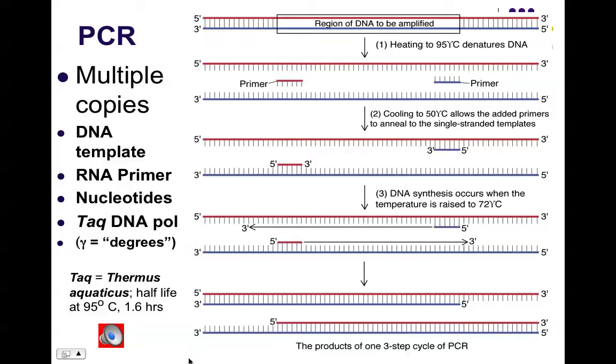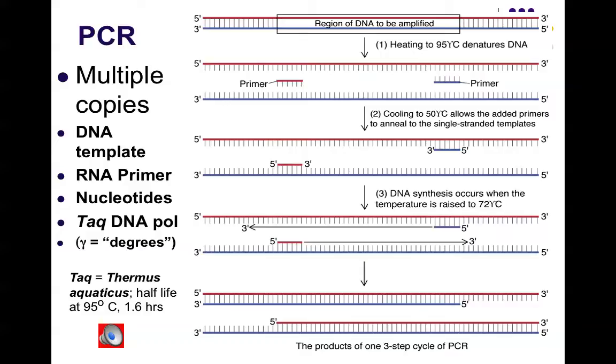Now the most common DNA polymerases used today are the thermophilic DNA polymerases derived from microorganisms found in extremely hot temperatures. One of the first was the DNA polymerase derived from Thermus aquaticus, or Taq DNA polymerase.